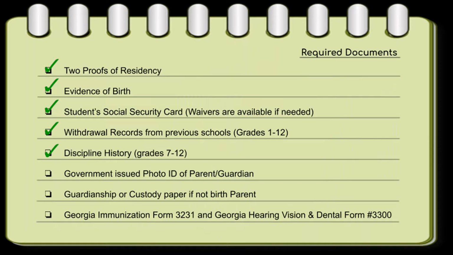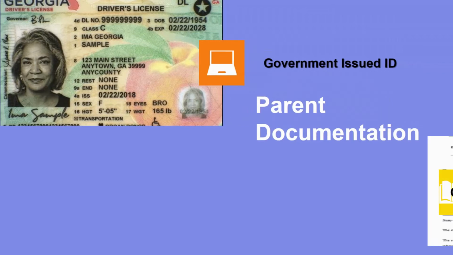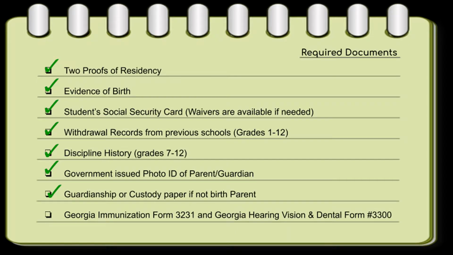Parents are also required to provide identifying information. This includes the parent's government-issued photo ID and guardianship or custody papers as needed. It is also required for parents and guardians to provide current medical documentation on Georgia forms.